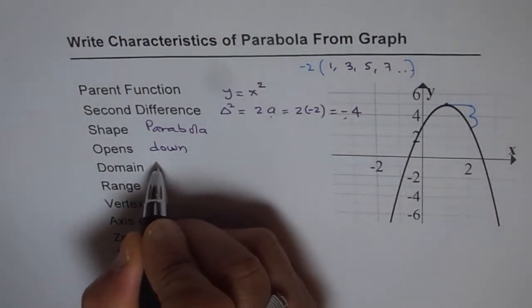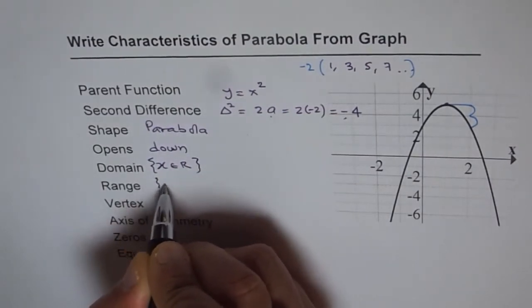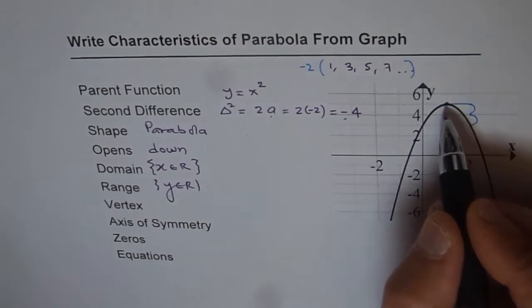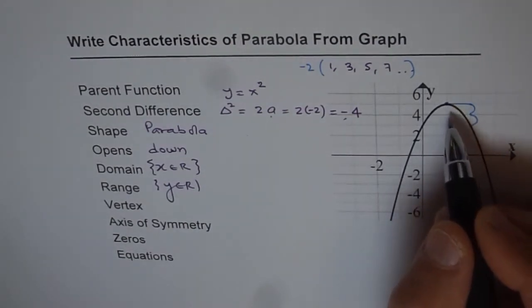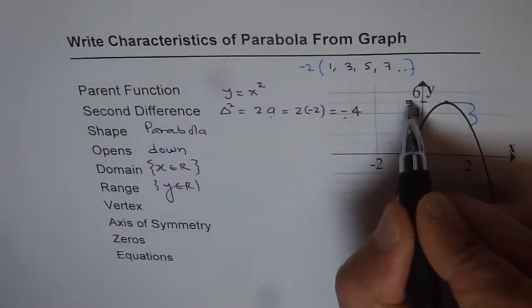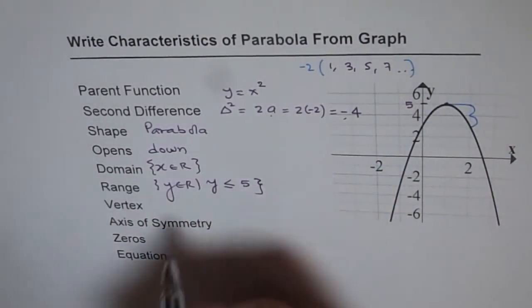Domain for every parabola is x belongs to real numbers. And range is y belongs to real numbers. However, in this case, since we have a maximum value, y is less than or equal to 5.